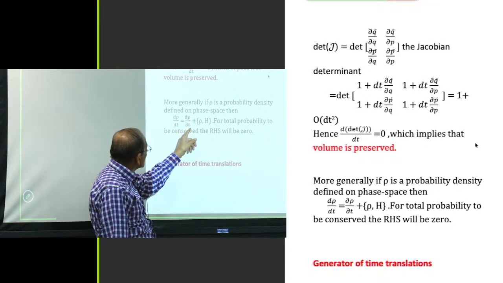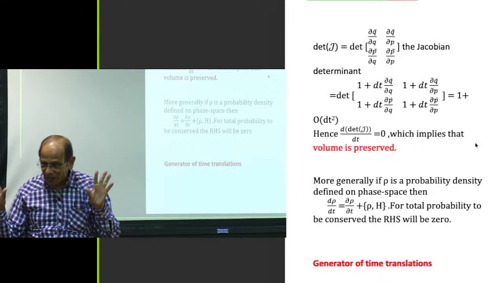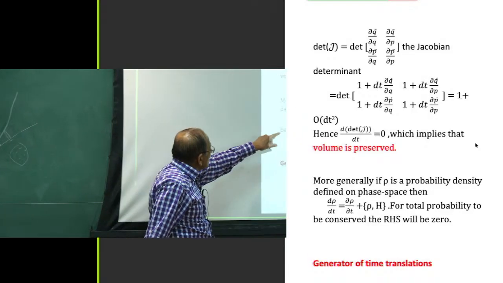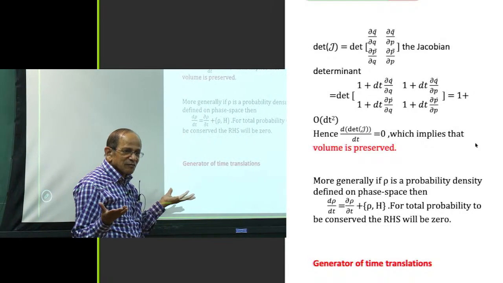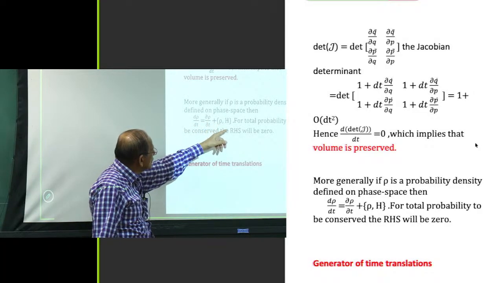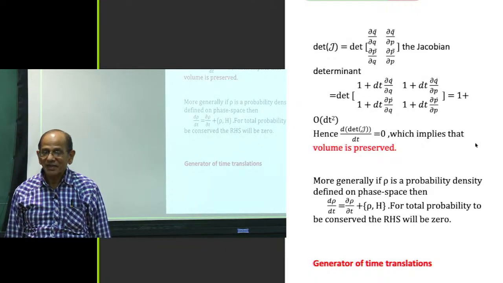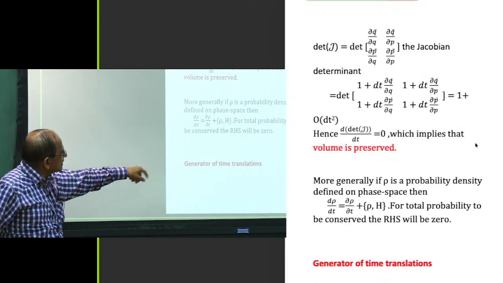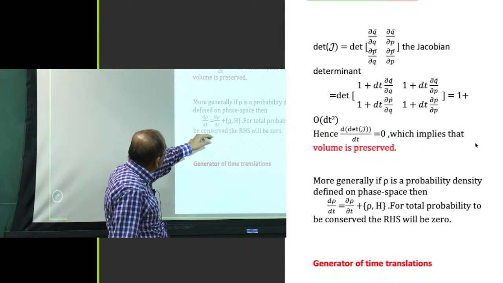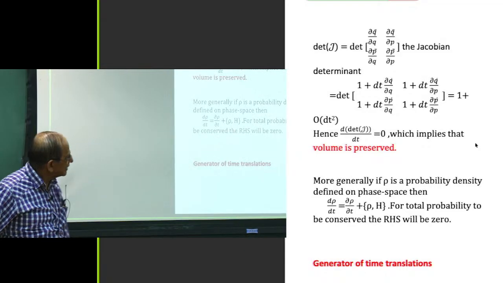Total derivative is partial derivative plus the Poisson bracket. Now suppose the system has come to an equilibrium, then this d rho by dt will vanish. As a result, partial derivative of rho plus the Poisson bracket of rho with h, that will vanish. Okay. So the right hand side will be 0, and that is how it is used in statistical mechanics.